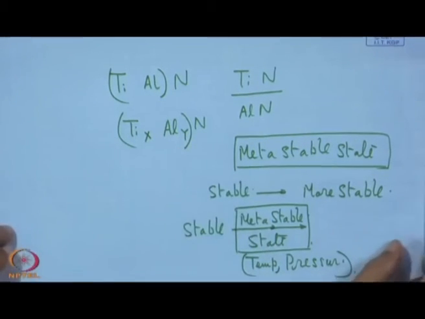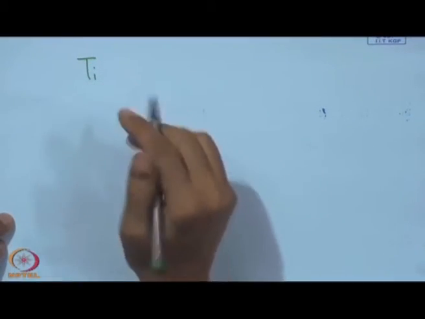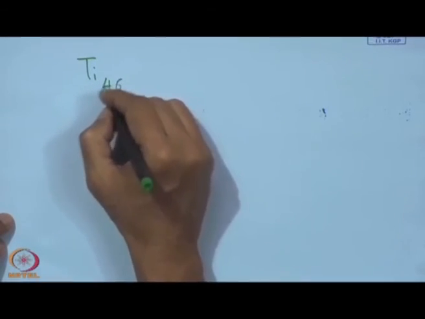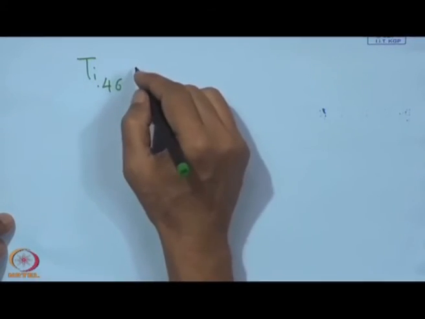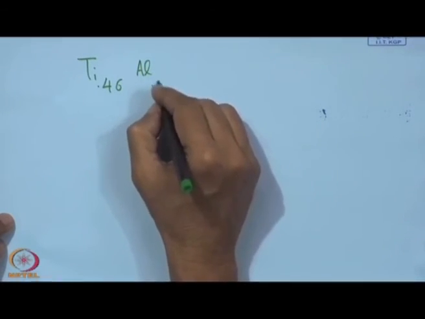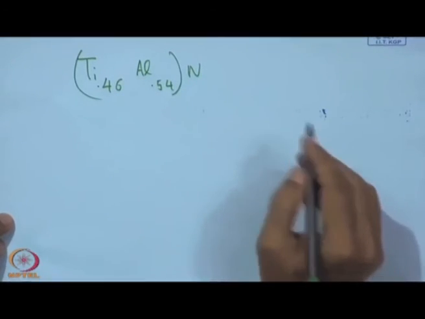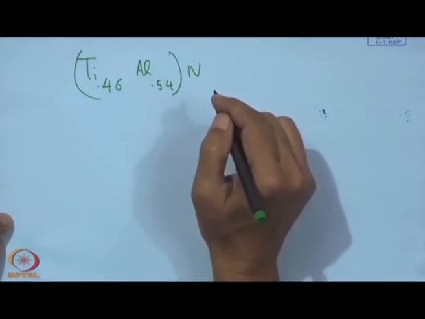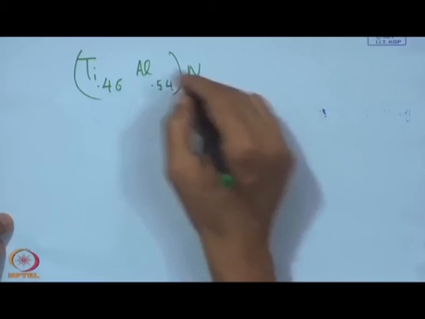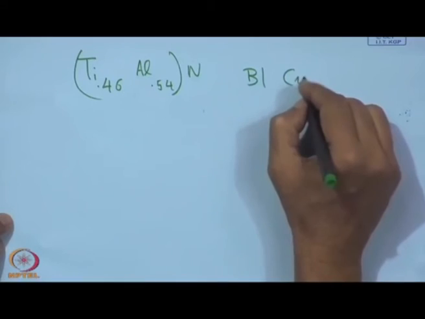Now, for the moment, what we find is a condition in which we have say Ti 4.6 and aluminum 0.54 nitrogen, and this is one combination, but here it is important that this is more or less a B1 type cubic structure.